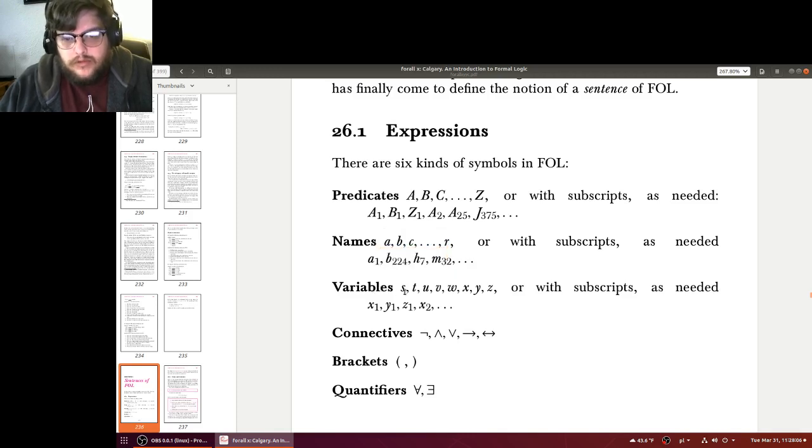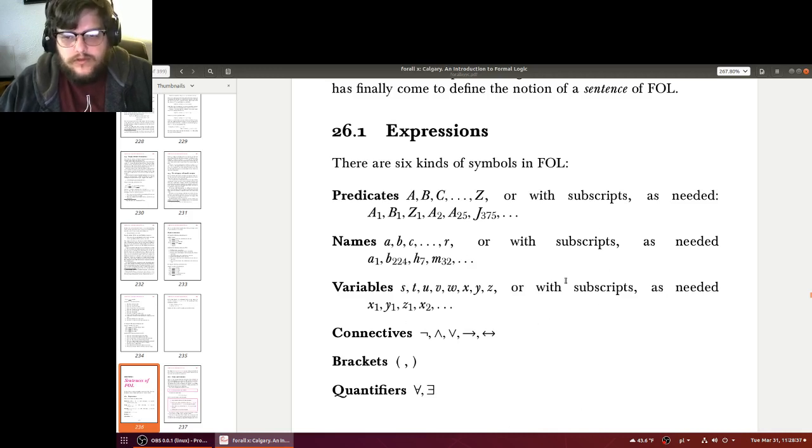We have variables, which use S through Z, lowercase, and we also allow numerical subscripts on them. We have connectives, and these are the connectives that we've used the whole semester: negation, conjunction, disjunction, implication, and biconditional. We have the brackets to make things clear, and we have these quantifiers that we covered last week. All of this together is the system of first order logic.